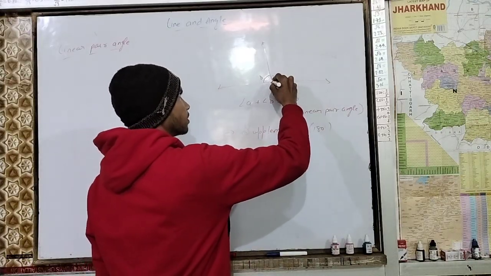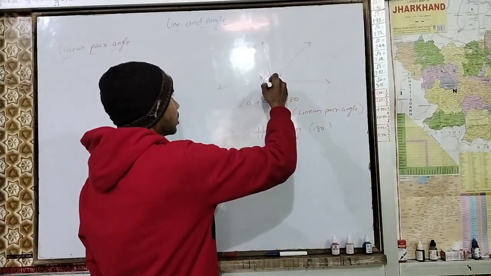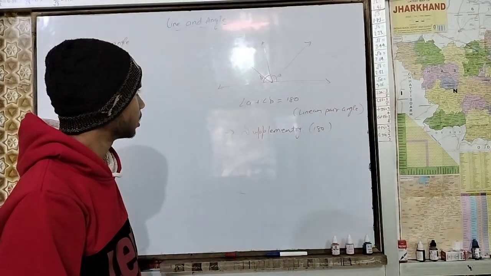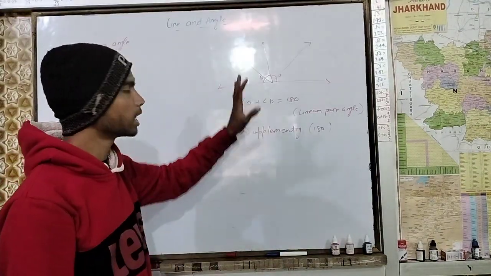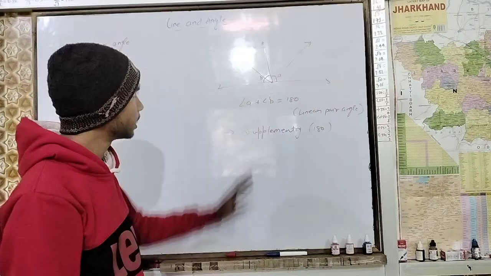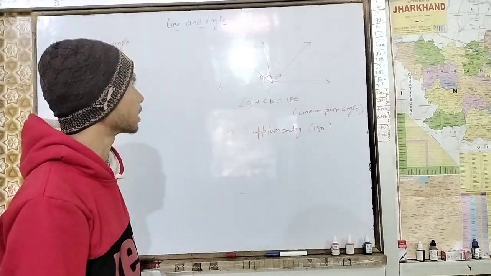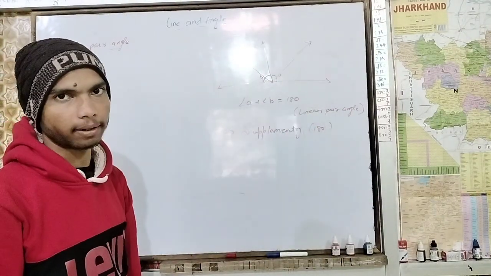You can take even three parts, four parts. It doesn't matter for a supplementary angle, as well as for a linear pair angle. Still, it is a linear pair angle. Still, it is a supplementary angle. But when it comes to a complementary angle, this is not going to be complementary.